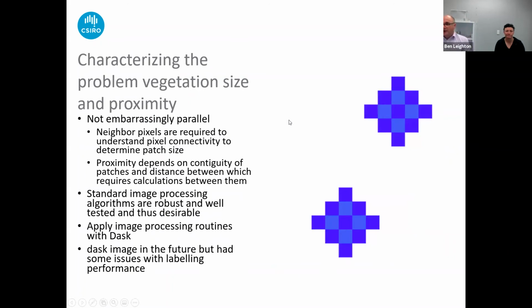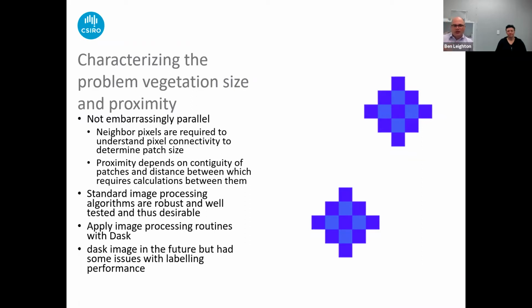So as far as I'm aware, this is not an embarrassingly parallel problem, because you need to take into account neighbour pixels to look at vegetation patch size. If you consider the two patches on the right there, you need to know about the connectivity of all of the pixels. And I think in Draga's presentation yesterday, the label image function was mentioned quite a lot, and we also use that here to find the connectivity of a patch.